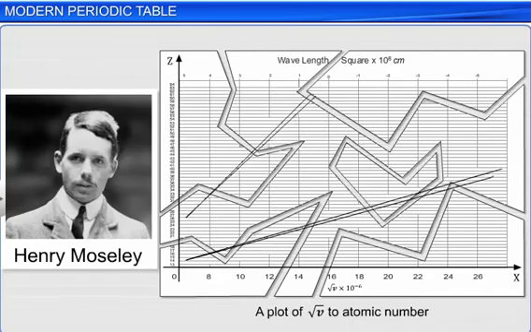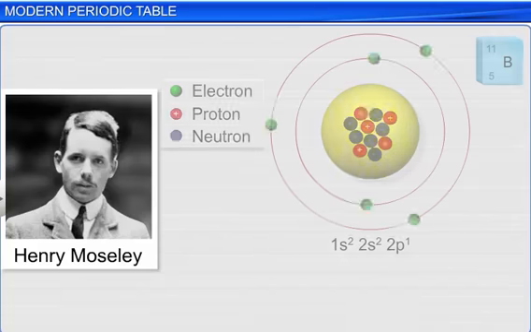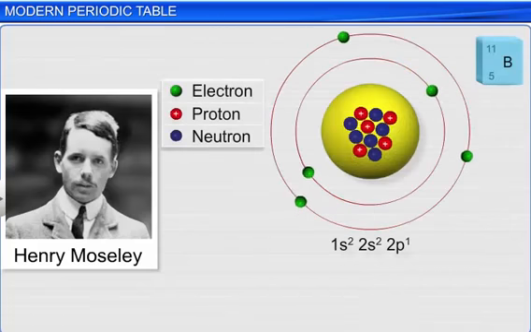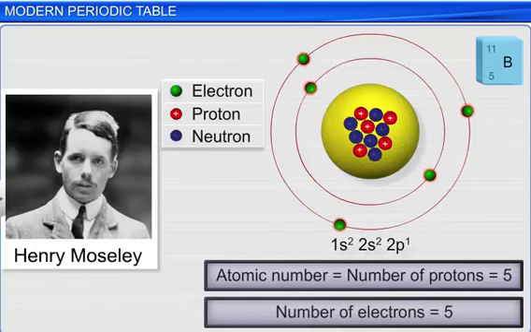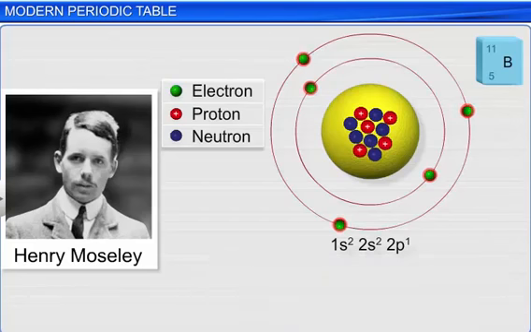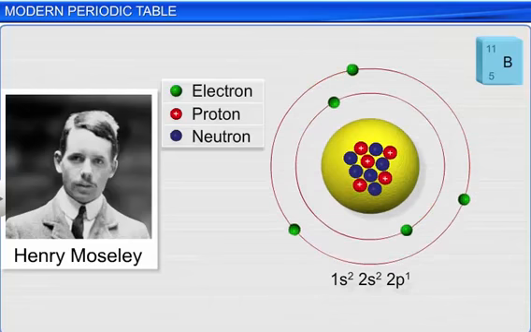Based on his findings, Moseley established that the atomic number, which is the number of protons contained in the nucleus, or the number of electrons surrounding the nucleus in a neutral atom, is a more fundamental property of an element as compared to its atomic mass, as it defines the electronic structure and properties of an element.